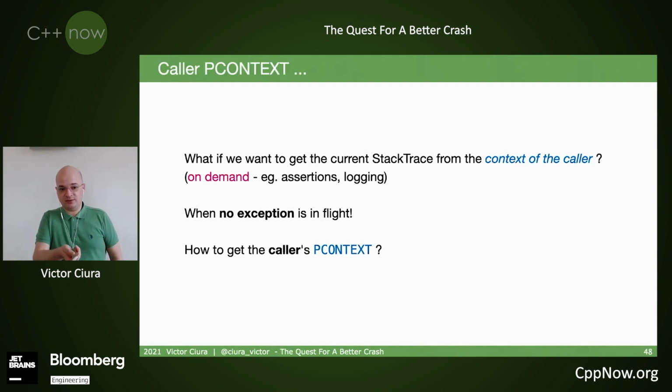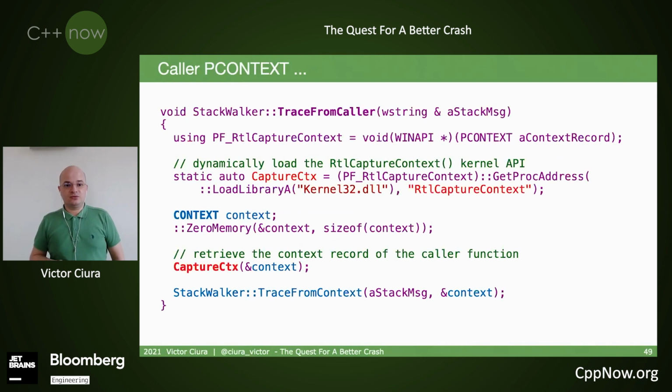So how do you get the PCONTEXT there? Trace from caller, another helper function that you can easily build. And there's a system API in kernel DLL called RtlCaptureContext. It gives us exactly this context structure that we need, the one that we've referenced in each exception handling utility that we showed earlier.